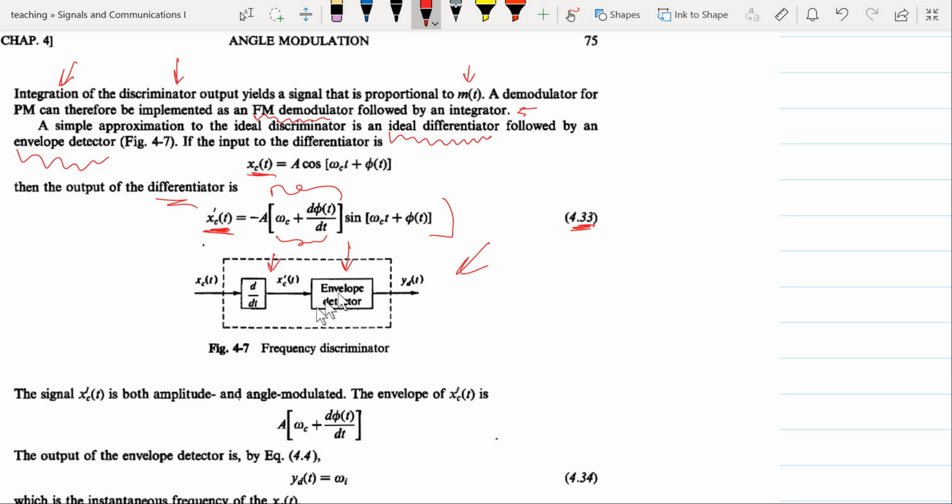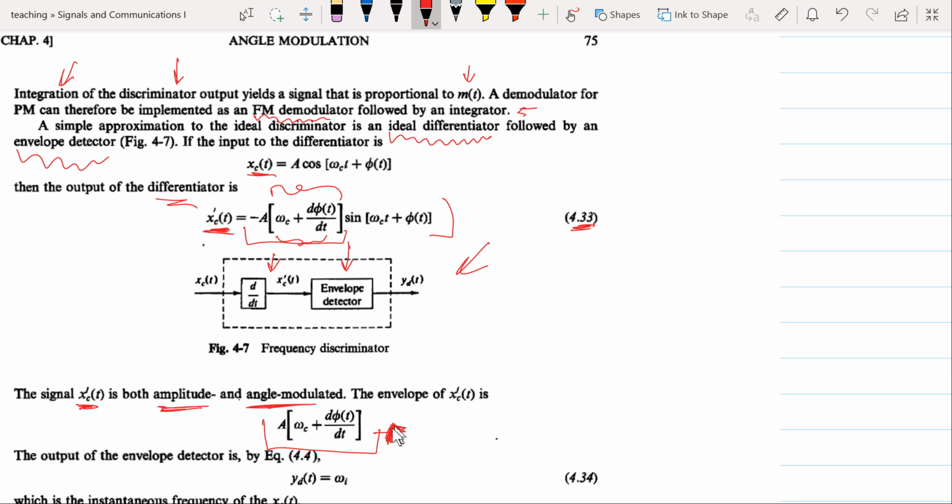What we observe from this output, the first derivative of the input to the differentiator, is that it is both amplitude and angle modulated, because this term brought down here is the envelope of x prime c of t.